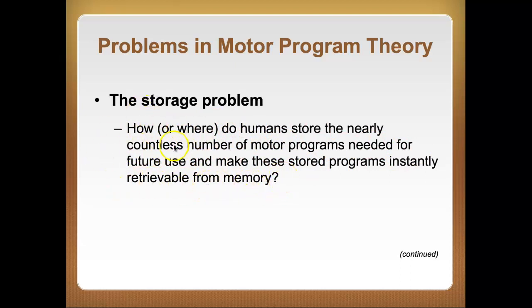So that's maybe a problem with it: we could only have so many, or we'd have to have a new one for every single minor change. Like for shooting a basketball, or tennis is probably a better one, for every single foot pattern and swing pattern, I'd have to have every single one programmed into my brain before I do it. Well, what if it has just a minor change?